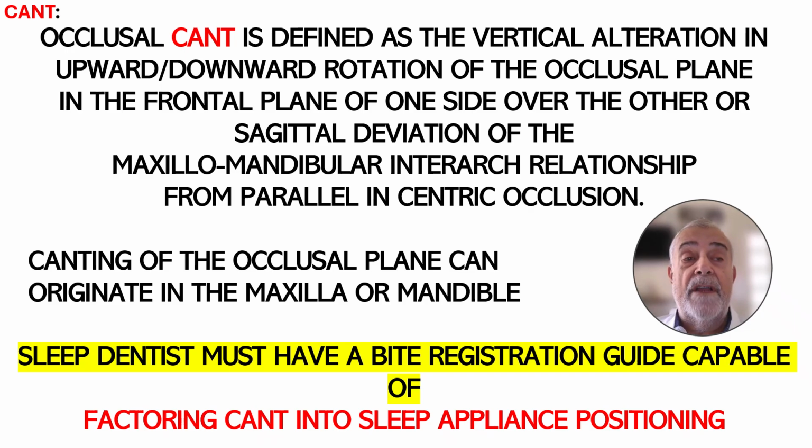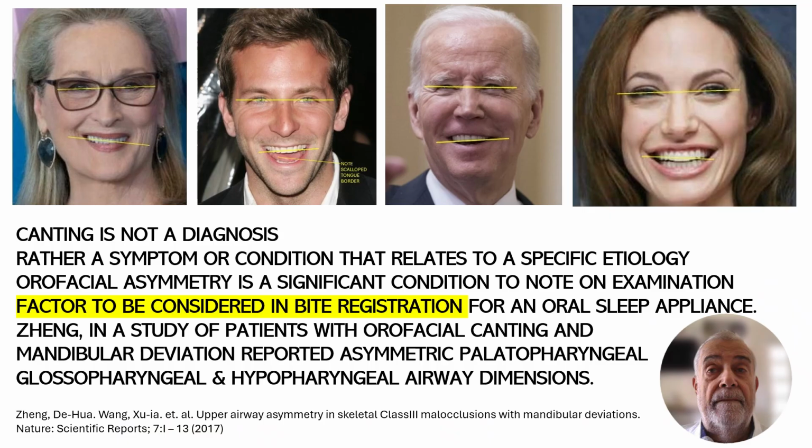You'll see it in just a moment, and it's very clear. Canting of the occlusal plane can originate in the maxilla or the mandible. Sleep dentists must have a bite registration guide capable of factoring cant into their sleep appliance positioning.